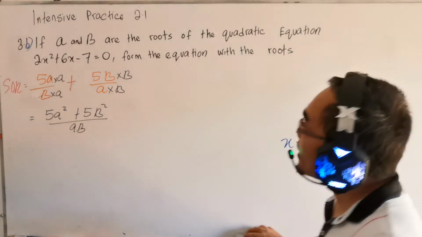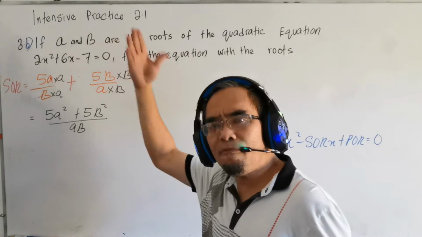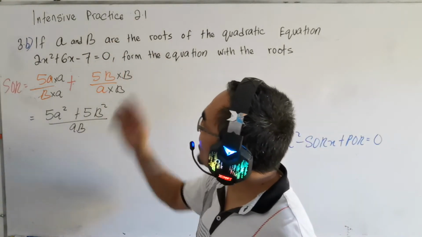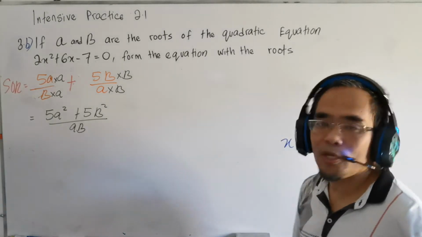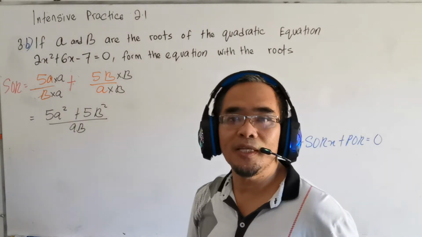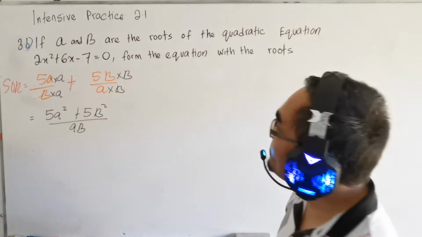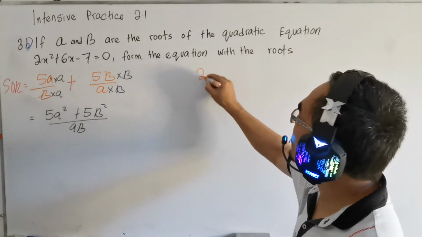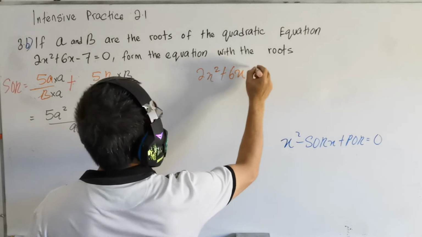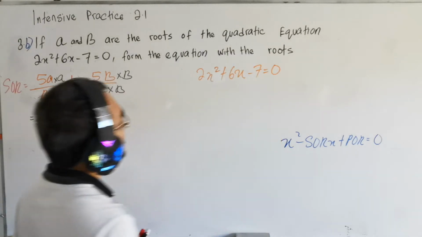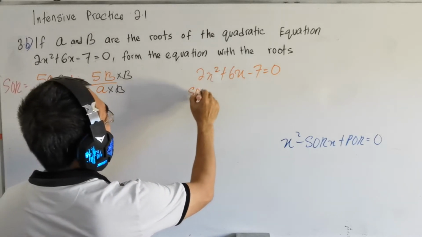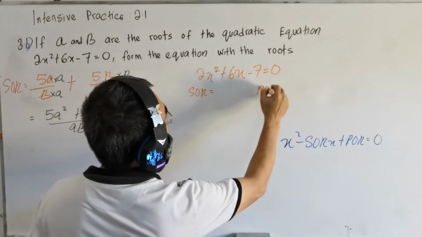That is why there is info at the beginning of the sentence. It says, if alpha and beta are the roots of the quadratic equation 2x squared plus 6x minus 7 equal to 0. From that equation, we can find the value of SOR and POR.